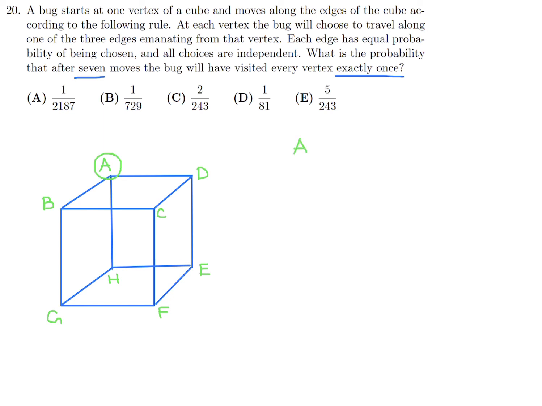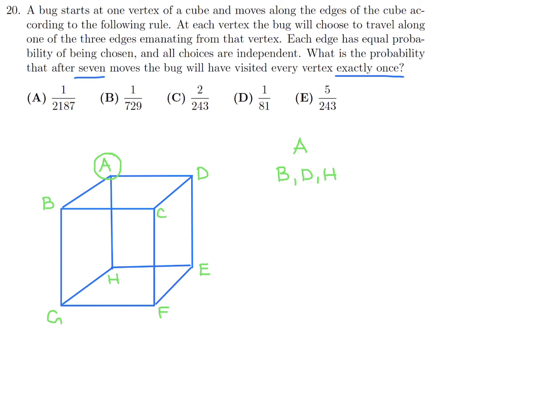So this bug starts at A. From A, it can go along the 3 edges to the next vertex. So its choices would be vertex B, or vertex D, or vertex H, correct? Vertex, whichever way you want to pronounce it.